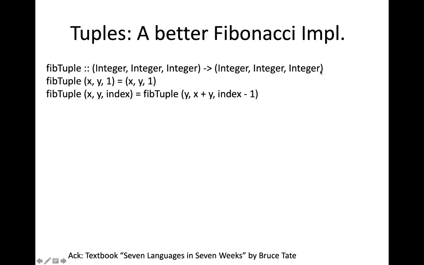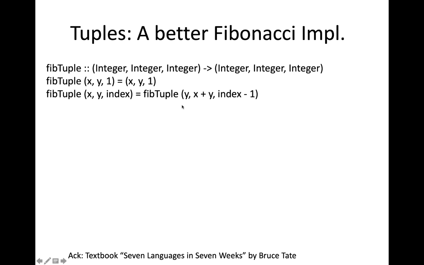The output is also a tuple, and each component is an integer. There are 2 cases. If the input is x, y, 1, then that will be the output. Otherwise, that means the last part is not 1. The last part is the index. If the index is not 1, then there will be recursion.